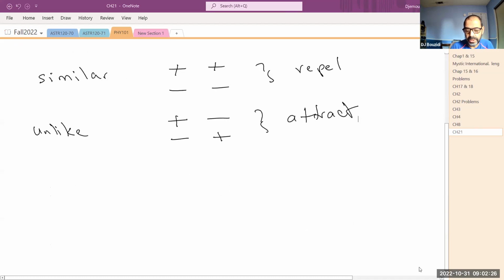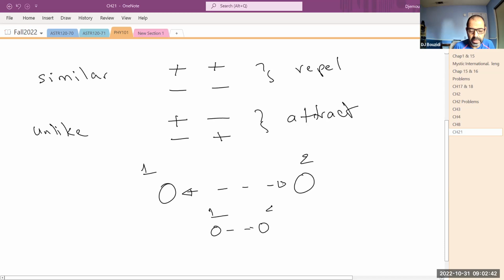Also, if I have two charges, it doesn't matter what sign they are. I have charge 1 and charge 2, and I put them at a certain distance. If I bring them closer to one another, the force increases with decreasing distance.